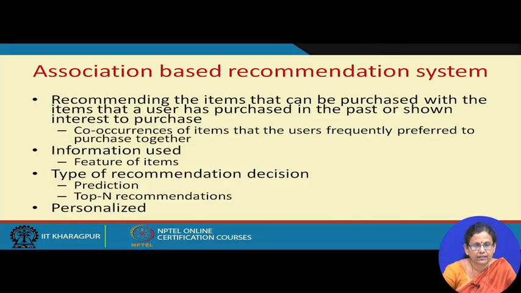So, it is decided using the co-occurrence of items that users frequently prefer to purchase together. The information here used is the feature of the item, and type of recommender decisions are predictions and top N recommendations, and it is a personalized one.